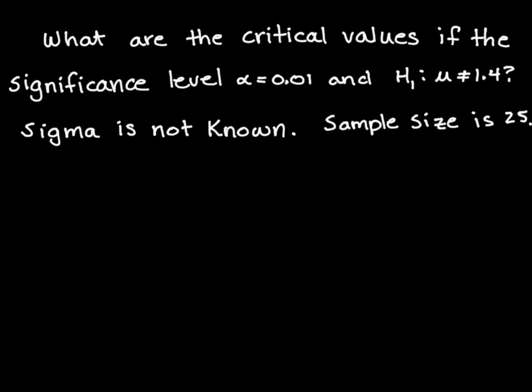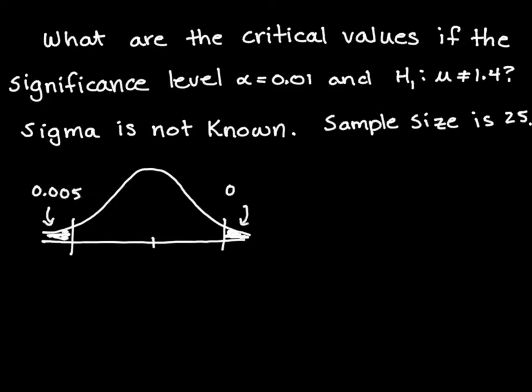I'm going to have to know my sample size if I'm using the t-distribution in order to find my critical values. So that's why that sample size information is given. I'm going to draw my t-distribution, which looks remarkably like the normal distribution. And again, we have the same value of alpha as the last problem, so I went ahead and just put in the 0.005 in both tails.